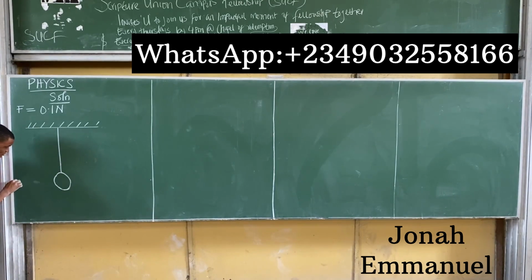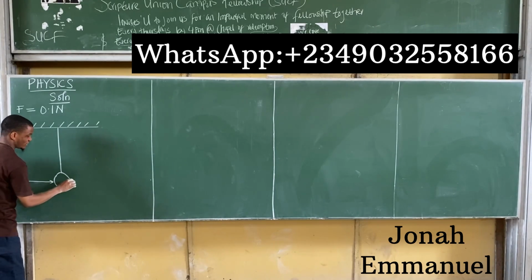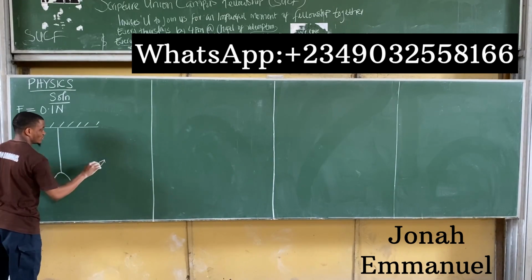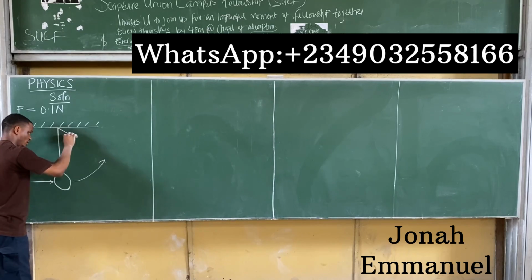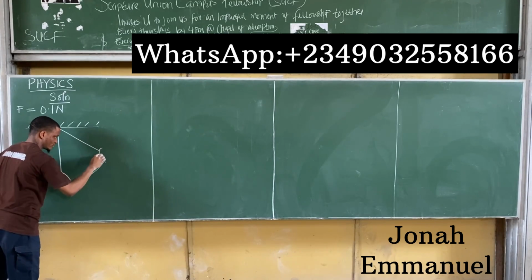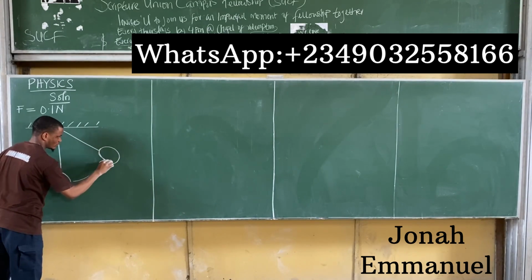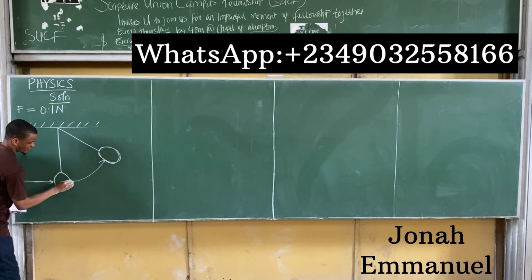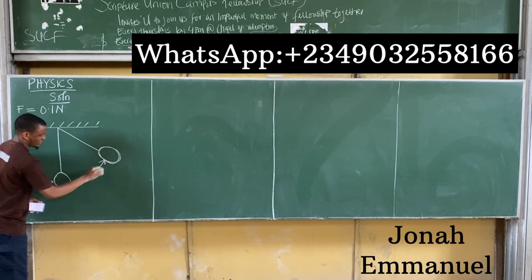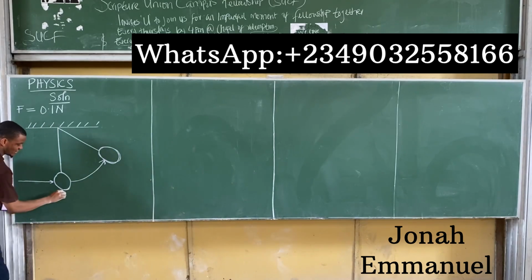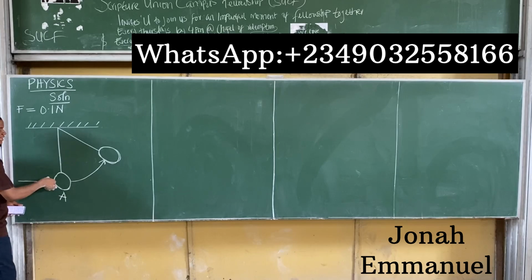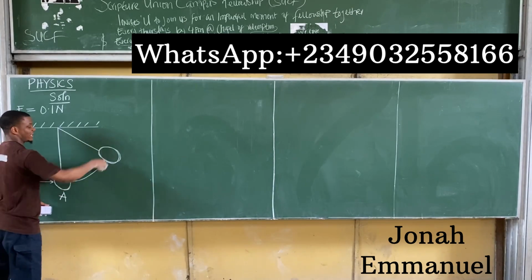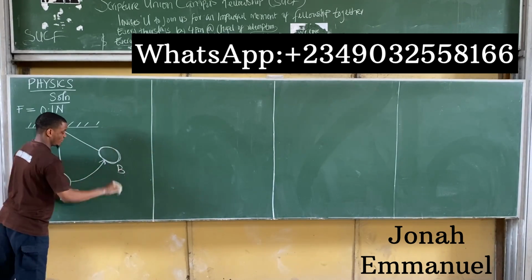So let's say we have a horizontal force coming here pushing this bob such that it now moves in this direction, something of this nature. So this is like a diagram. Let's call this the first case A. This was before the horizontal force was applied. Now when I apply the force, it goes like this to this point B.